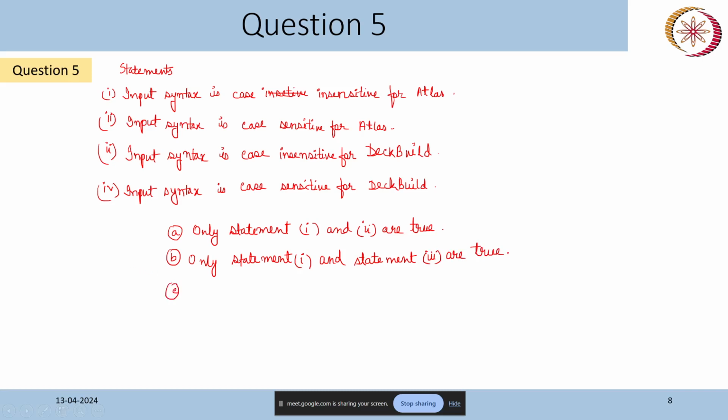Option C is, only statement 2 and statement 3 are true.